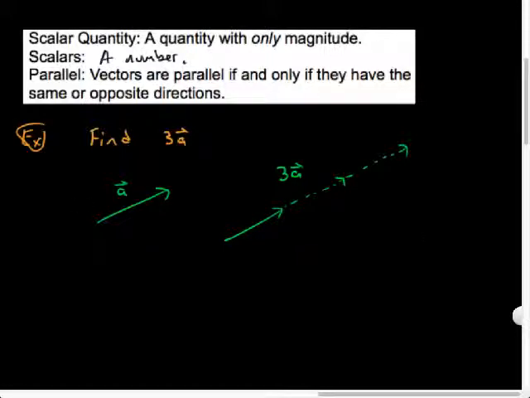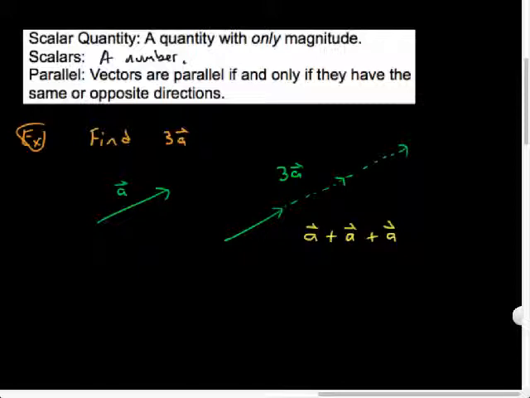And I guess technically you could also realize that 3A is equal to vector A plus vector A plus vector A, right? If I just think about the tip to tail method, the resultant of that sum is the same as 3 times A. So that's kind of how you can deal with that.